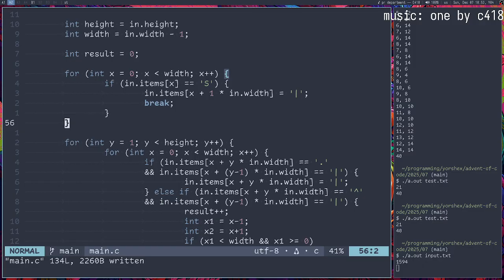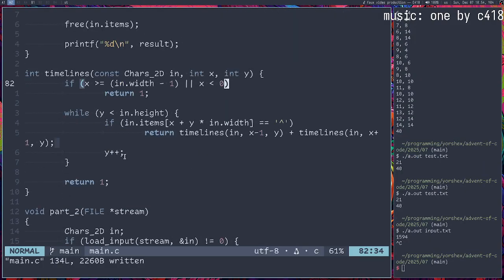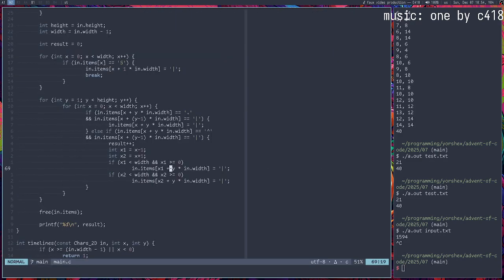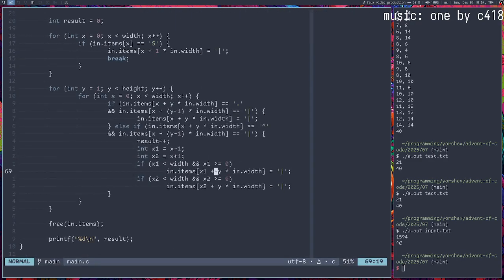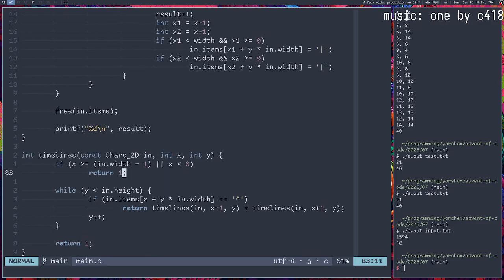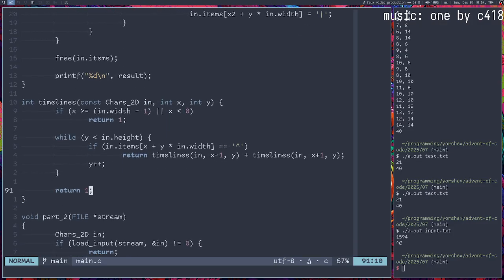My idea is that instead of using pipes to denote particles, I could use digits. Yeah, let's, I'm gonna ditch recursive things.